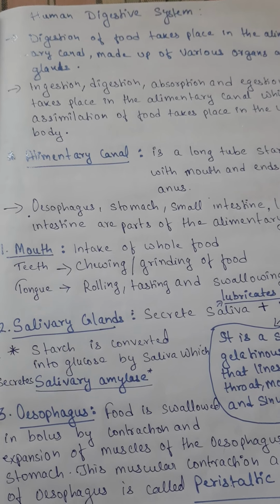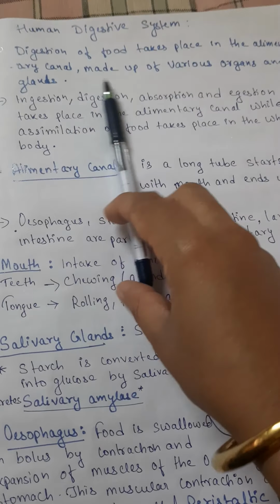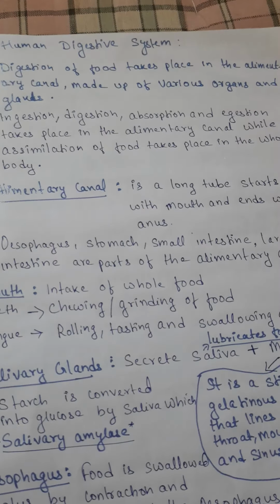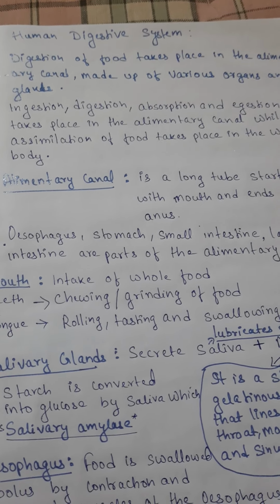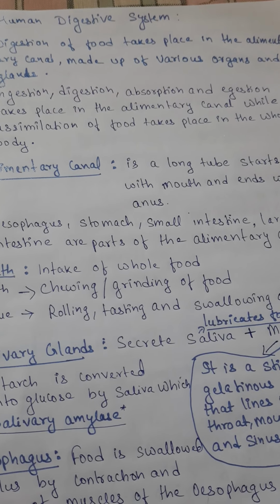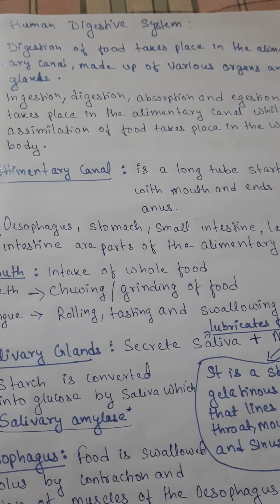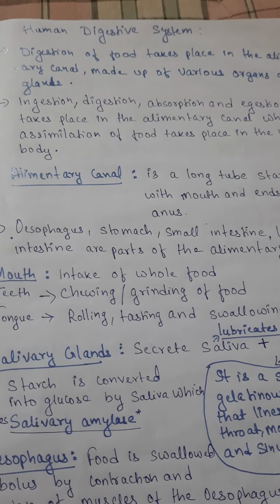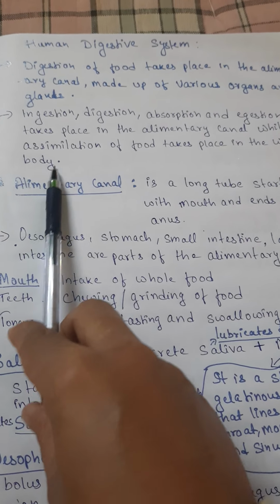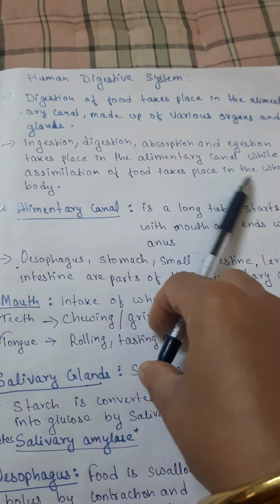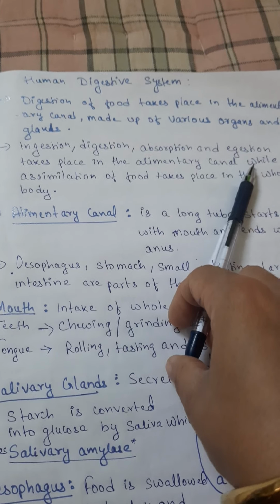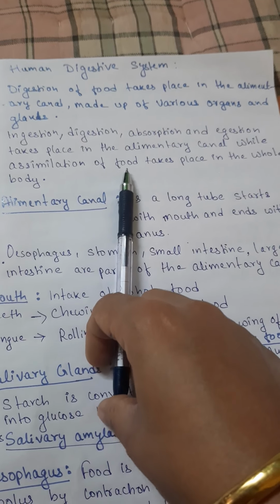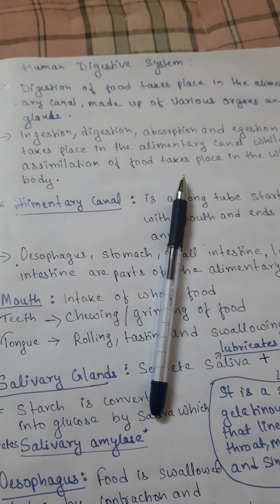Now, in the human digestive system, digestion of food takes place in the alimentary canal. The alimentary canal is made up of various organs and glands, and in this alimentary canal only the processes of ingestion, digestion, absorption, and egestion take place, whereas assimilation takes place in our whole body.